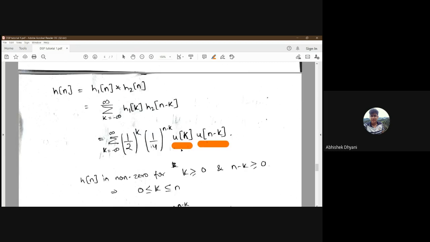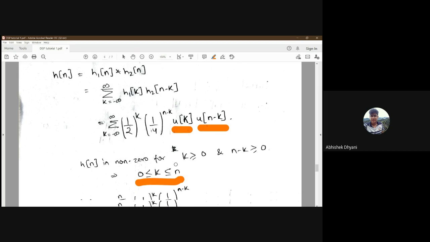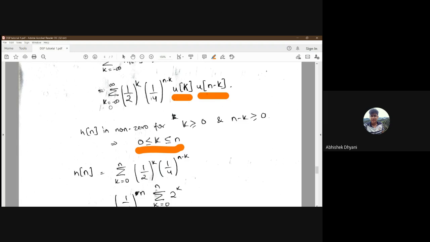We can say that h of n is non-zero only when k is greater than or equal to 0 and n minus k is greater than or equal to 0, which tells us that k is between 0 and n. And using this, we can modify this summation to lie from 0 to n instead of from minus infinity to infinity. And this is the resulting expression for h of n.